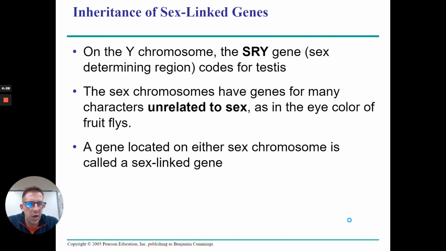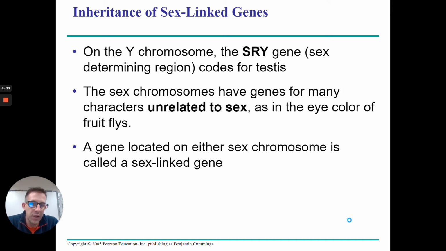Okay. We've talked about sex linkage at least a little bit, right? The fact that most of the genes of importance are located on the X chromosome. The reason for that is because the Y chromosome found in the males is, for the most part, insignificant in terms of having traits on it that matter.